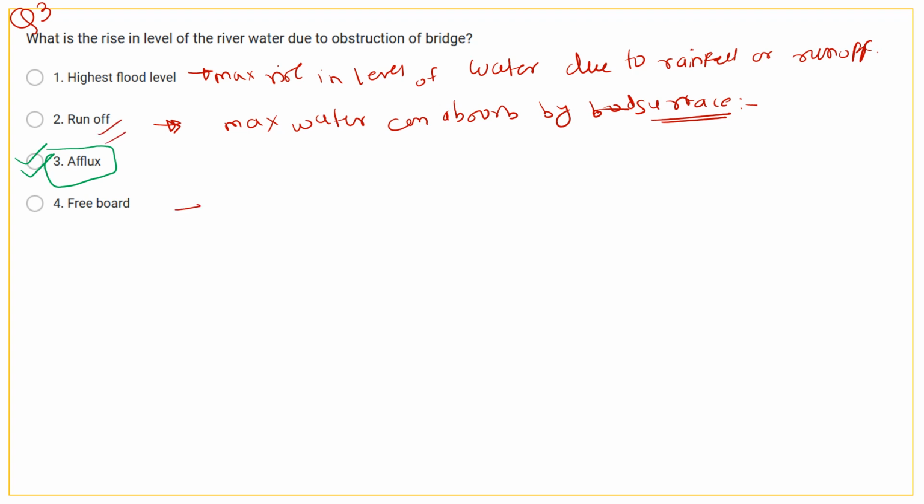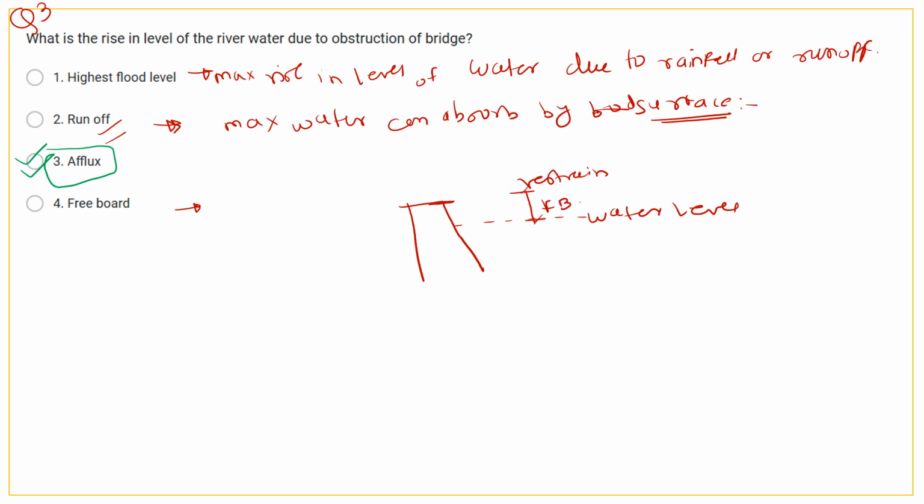Then next is freeboard. Freeboard is the vertical distance between the water level and the top of the structure. Suppose this is the water level and this is the top; the vertical distance between them is nothing but freeboard. This is about question number 3.